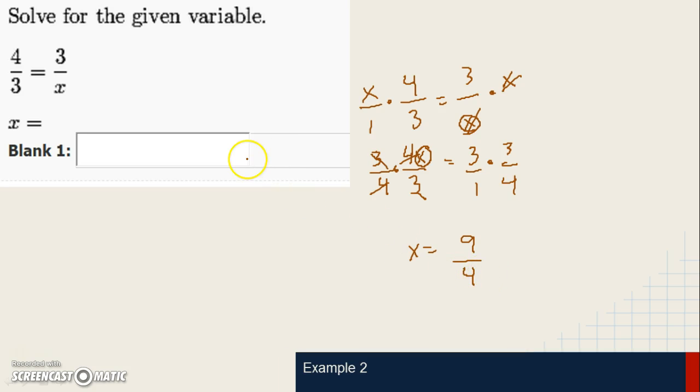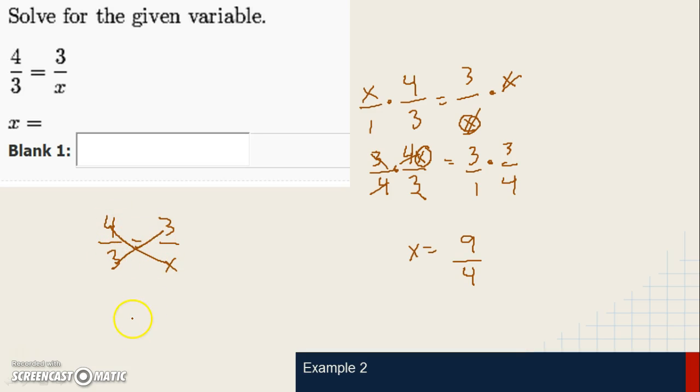And again, I'm going to show you the shortcut because we have two fractions and we're trying to figure out what value for the variable makes these equivalent fractions. We can use our cross multiplication shortcut by multiplying the denominator and the numerator and the denominator and the numerator together and then setting them equal to each other.